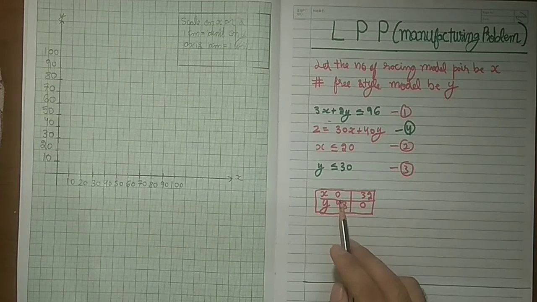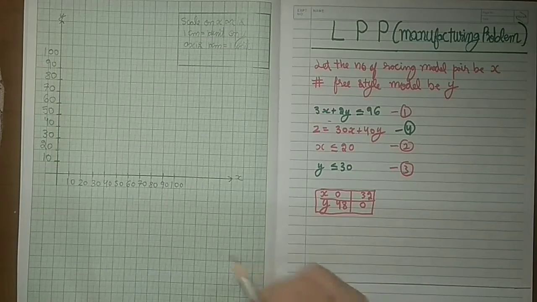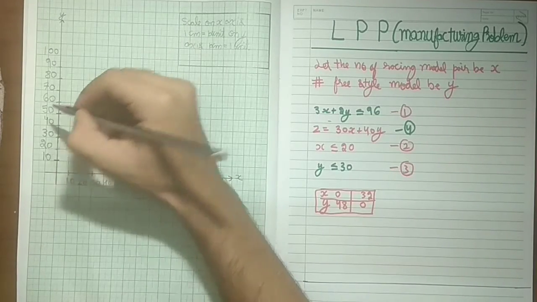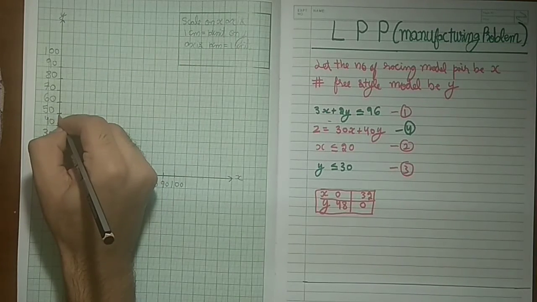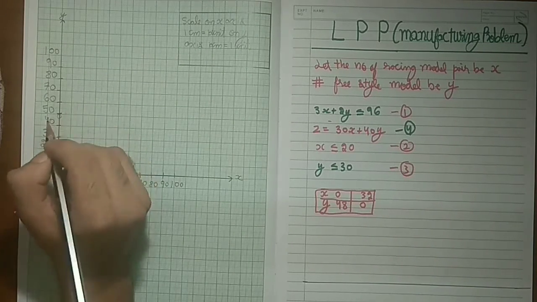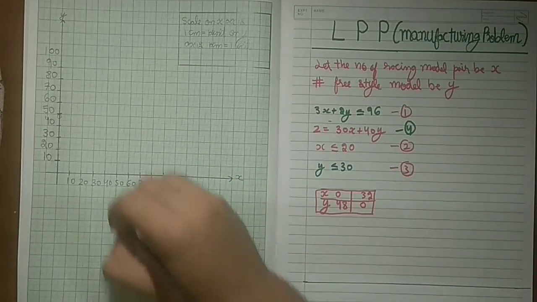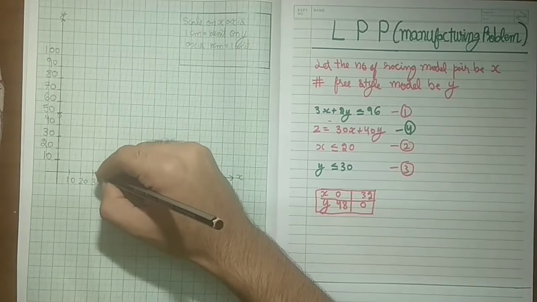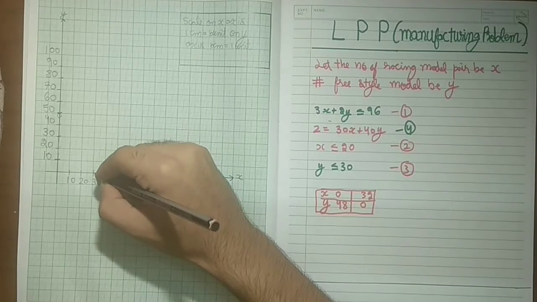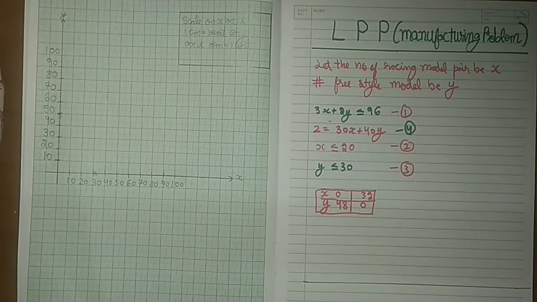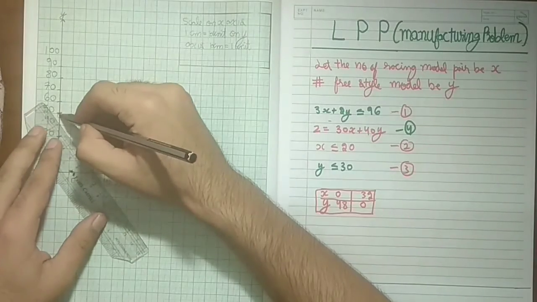First we will plot our points 0, 48, which lies somewhere here. Then 32, 0. Now let's join this line.